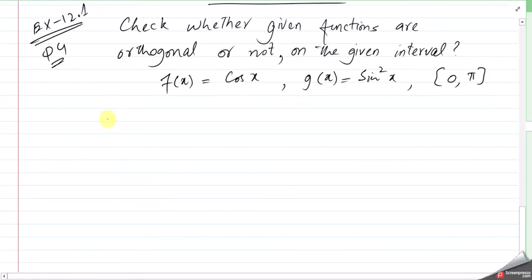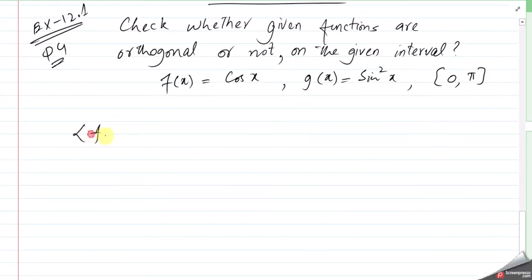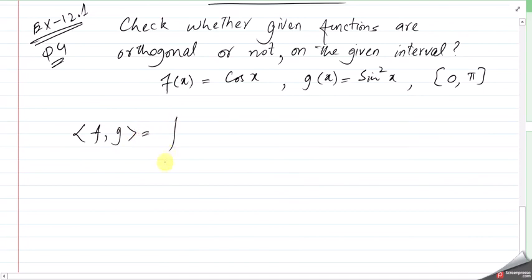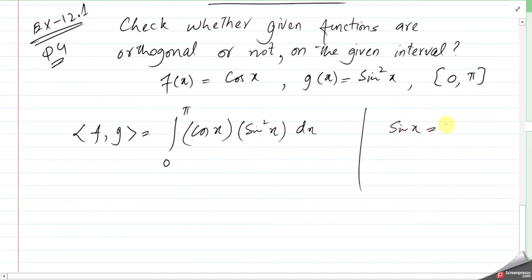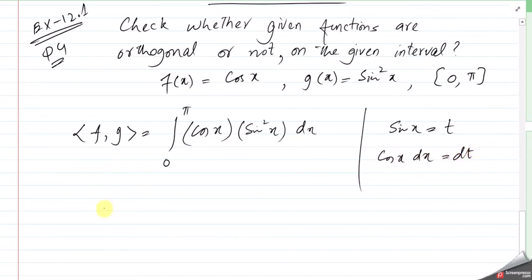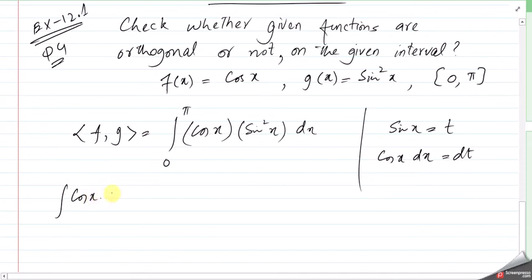Alright, how do we check? So first, of course, we take inner product of the two functions on the interval 0 to pi, cos x sine square x dx. That's a very simple integral. We put sine x equals t, and that is cos x dx equals dt, and that would be integral cos x sine square x dx will become t square dt, that gives 1 by 3 t cube.